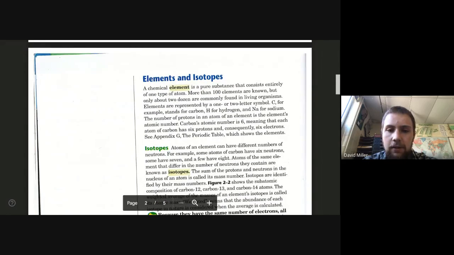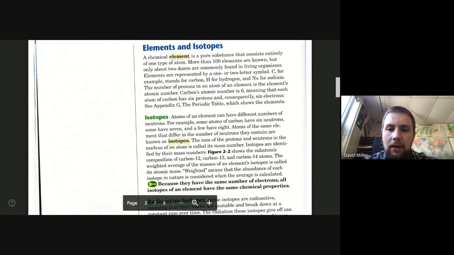Elements and isotopes. A chemical element is a pure substance that consists entirely of one type of atom. More than 100 elements are known, but only about 24 are commonly found in living organisms. Elements are represented by a 1 or 2 letter symbol.